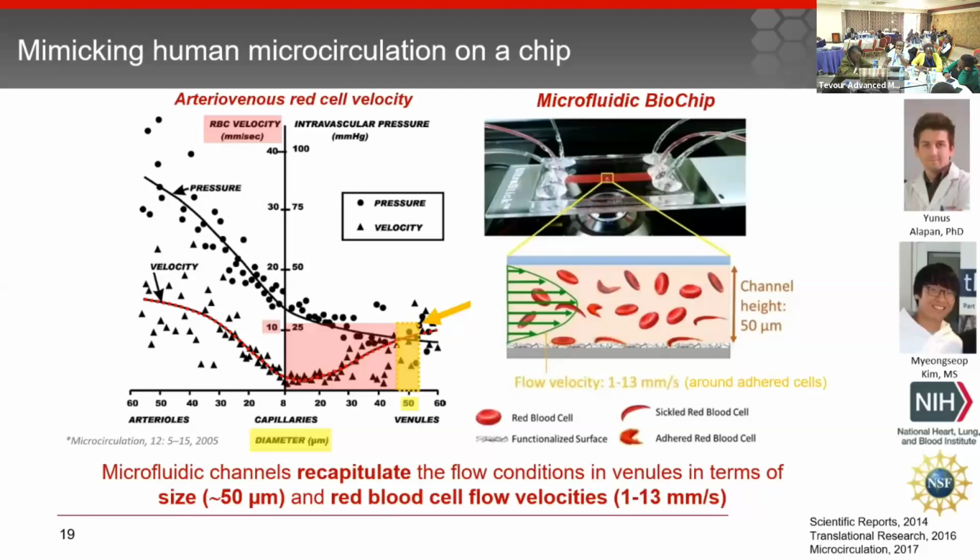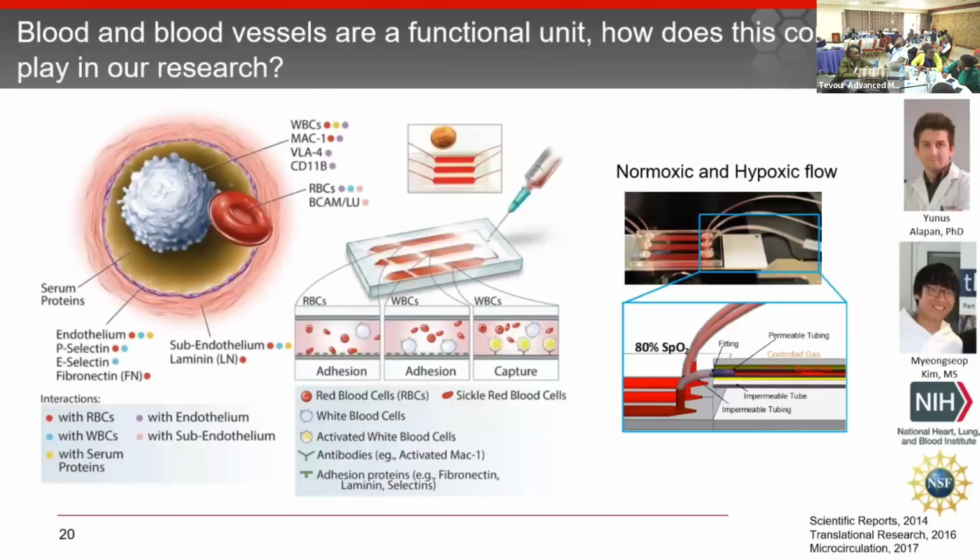Some of these assays are microfluidic assays, and we attach different proteins to mimic the microvasculature. We could attach different proteins like P-selectin, E-selectin, fibronectin, and laminin to these microfluidic chips, and thereby we assess how red blood cells behave within those chips.